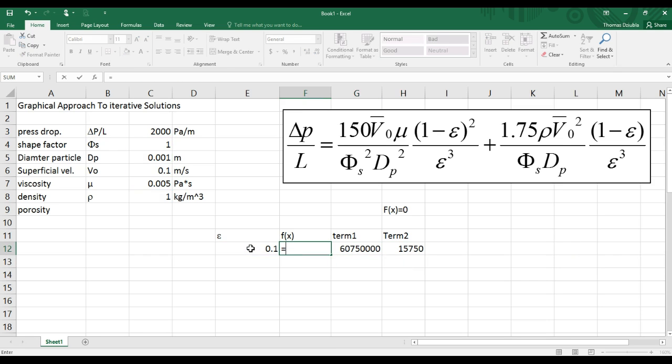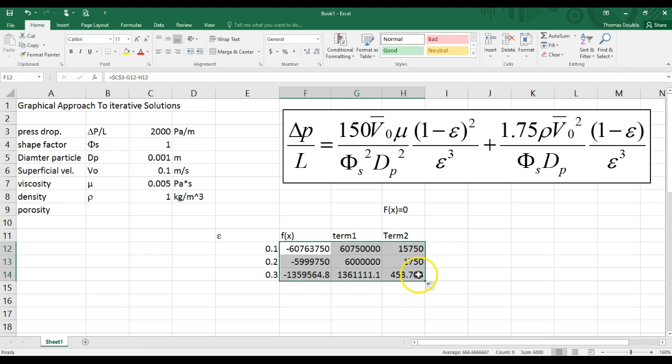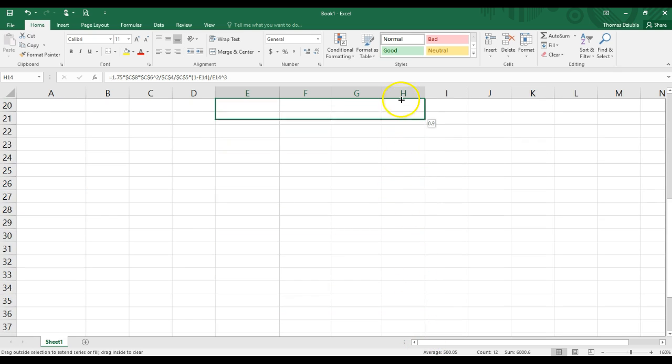And now our function is simply going to be our pressure drop, which gets locked in, minus this term minus this term. So now we can actually start plotting this. I'm going to say 0.2, oops, let's copy this down, 0.3. We can copy these down, and now we'll just copy all these down.